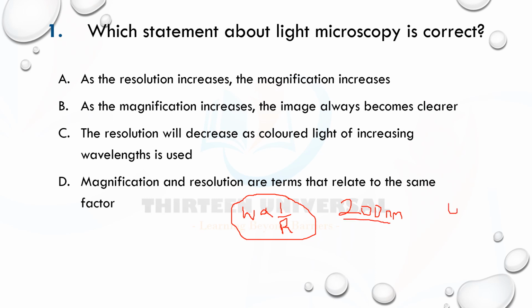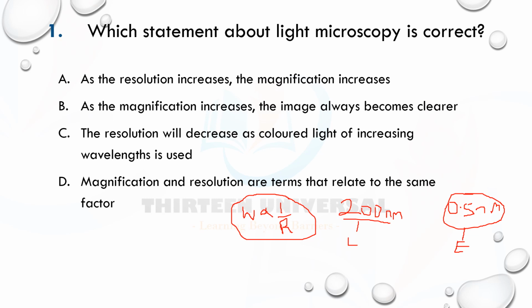But the electron microscope is 0.5 nanometers. Because the wavelength is small, the resolution is high. So this can see way more details because it can see details from 0.5 and above. The light microscope can only see details from 200 nanometers and above, while the electron microscope can see details from 0.5 nanometers and above.